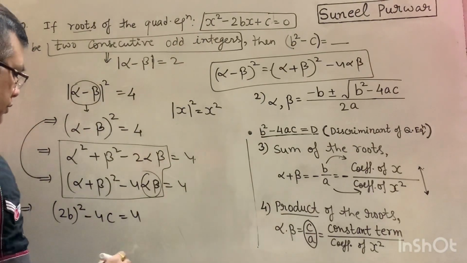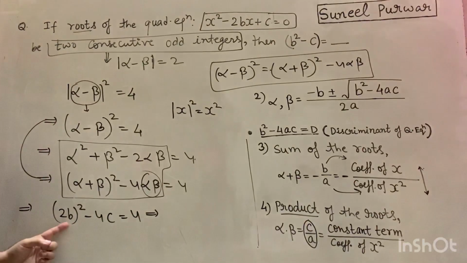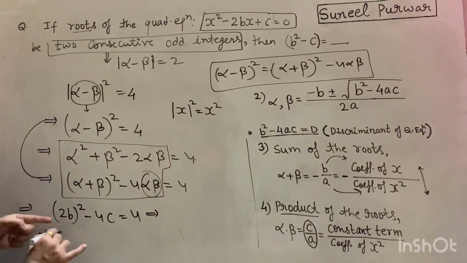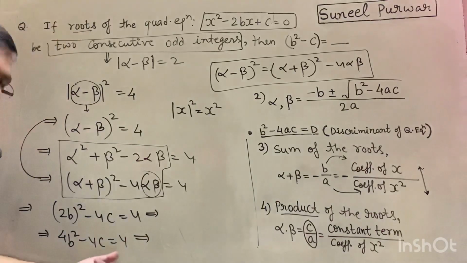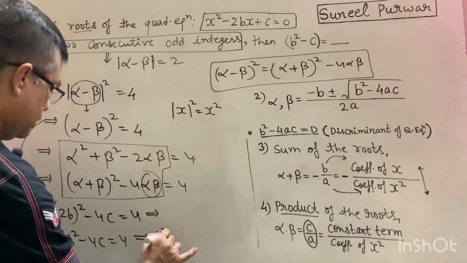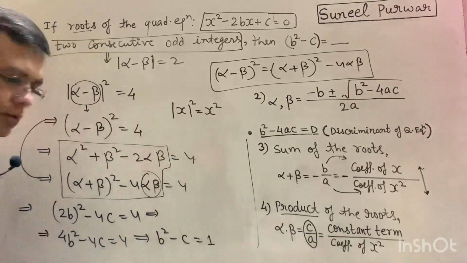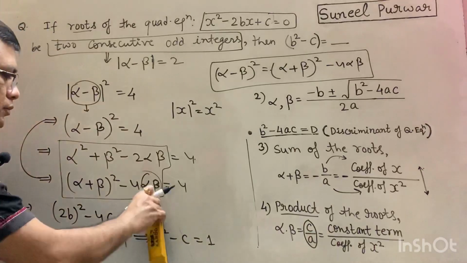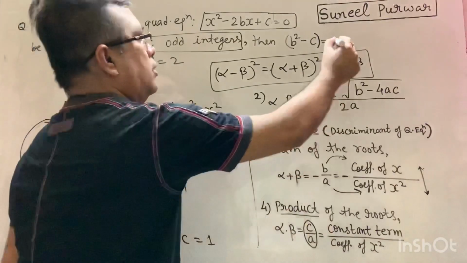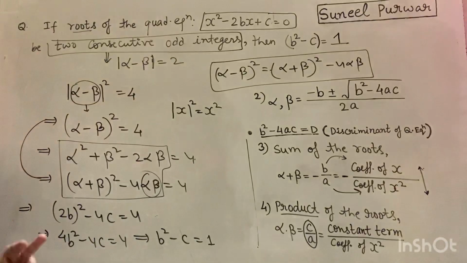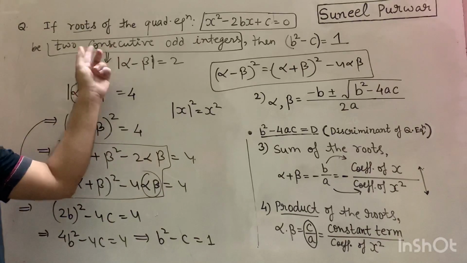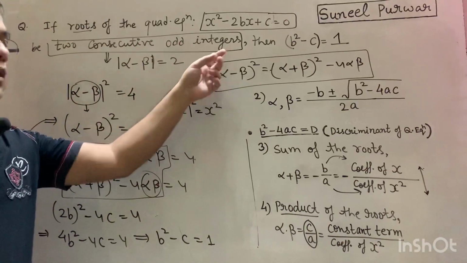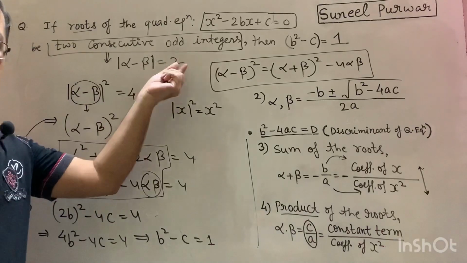Now that means 4b square minus 4c equal to 4. So you can cancel 4 on both sides and you are left with b square minus c equal to 1. That's your answer. So in this question you have come across 2 important points. One was when a question says something like 2 consecutive odd integers, it means the mod value of their difference is always 2.